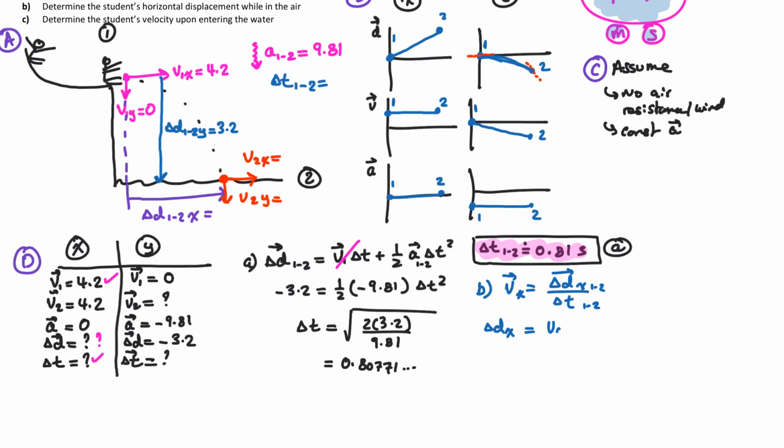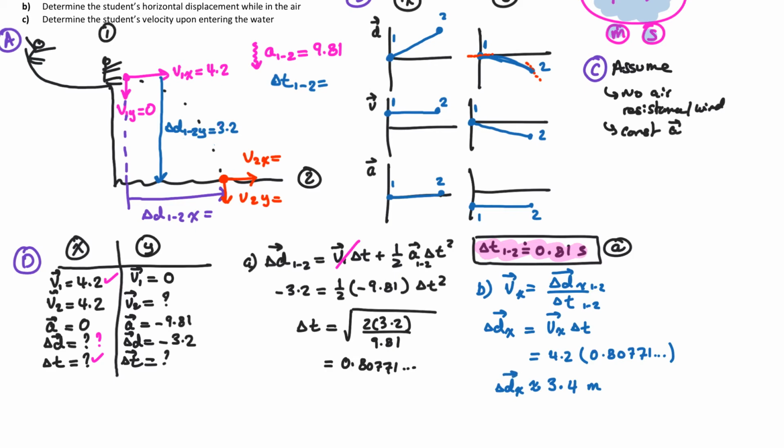And that's going to equal Vx multiplied by the change in time. Vx is 4.2. And the time I found was 0.80771. Multiply those together on my calculator, and I will get the displacement in the x direction is approximately 3.4 meters.